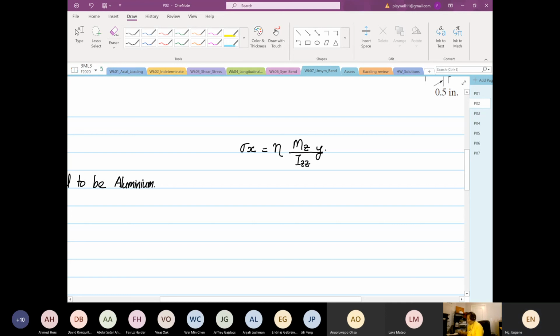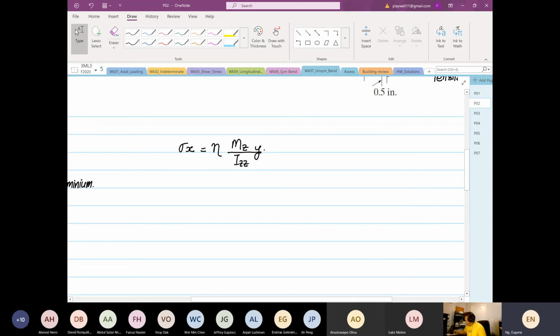So this is different from shear stress. Remember shear stress, what we have? When this is V in the Z direction, this is divided by Iyy, Qy divided by t. Now, that is shear.